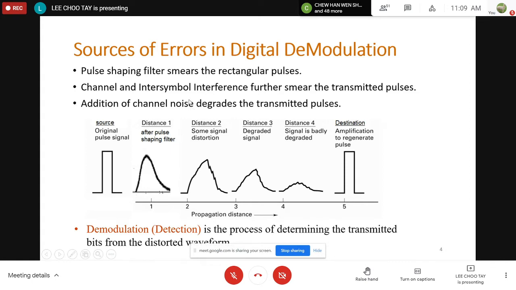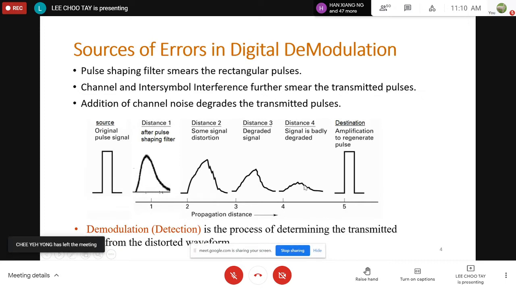So the channel will also smear the pulses, and you may have some intersymbol interference, which again is going to smear your pulse as well. As the signal propagates through the channel, it will also pick up some noise. This noise will further degrade our transmitted pulses as they propagate along the channel.